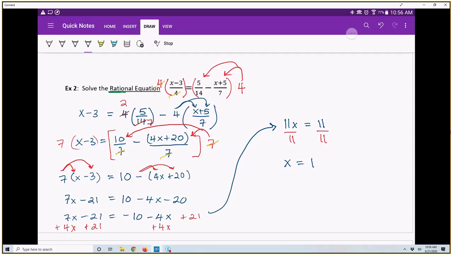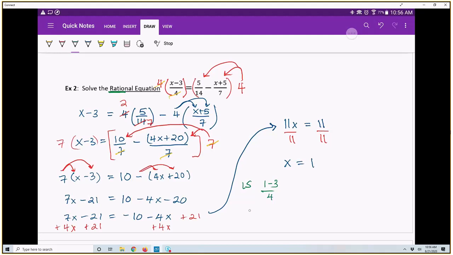So x equals 1 is a potential solution to this equation, but I need to go back to the original form and check that x equals 1 is actually satisfying the equation. So on the left side, I'm going to replace x by 1. This is going to be 1 minus 3 over 4.